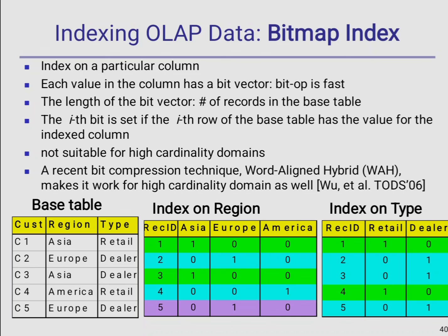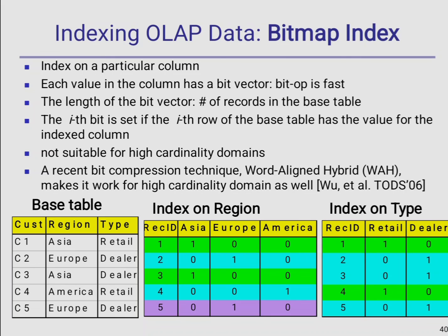Here you have a base table for region and type. The customer ID is set as the bitmap index, like C1 to C5. When we go into the region table, we have a record ID for that, and when we go into the type, we have a record ID for that also. When we have Asia, we set it to 1.